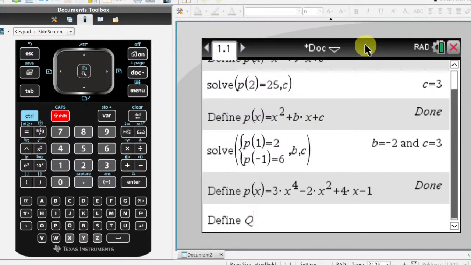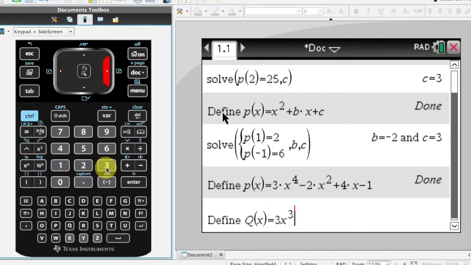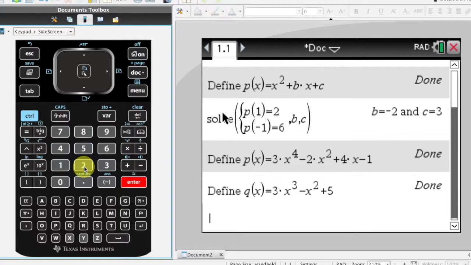So Q of x is going to equal 3x to the power of 3 minus x squared plus 5. Now for a, I need to evaluate what p of x plus q of x is.